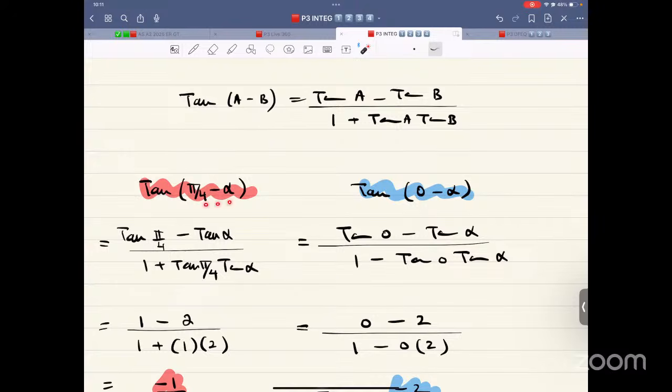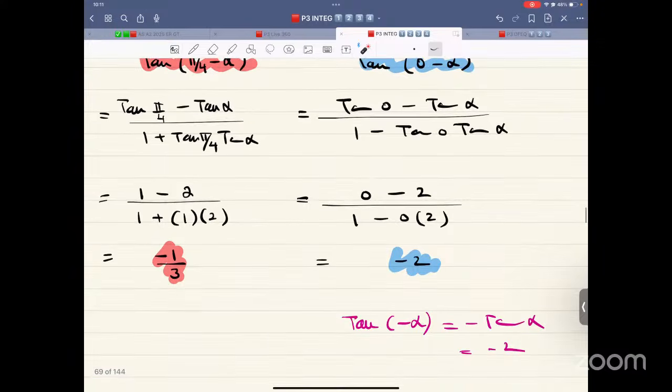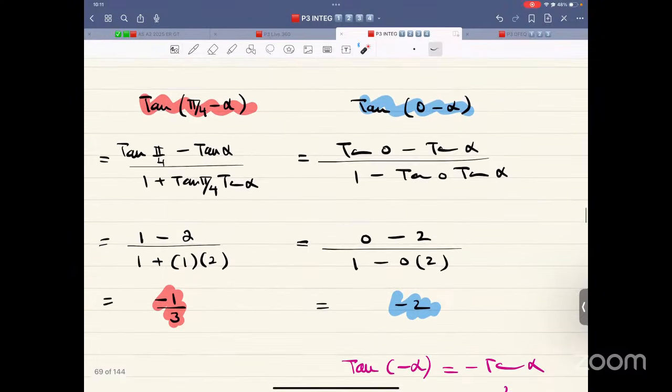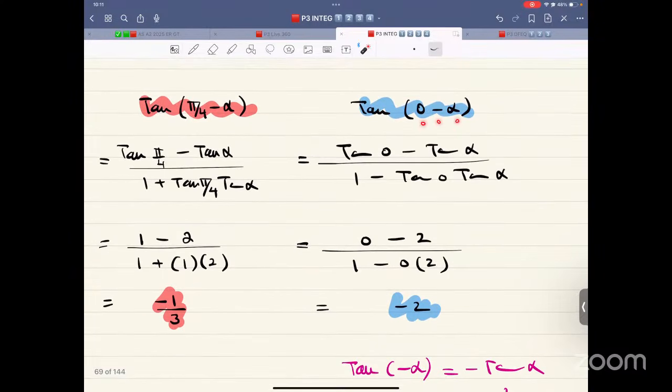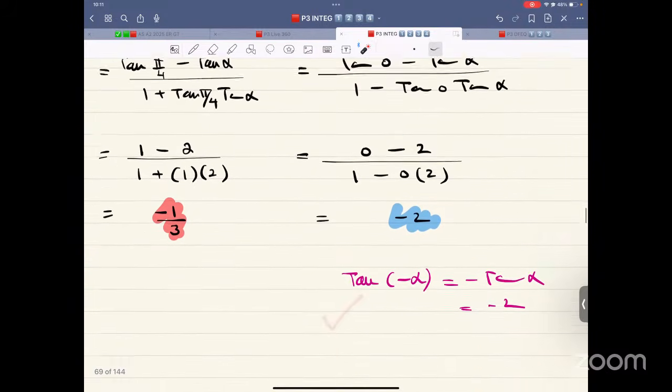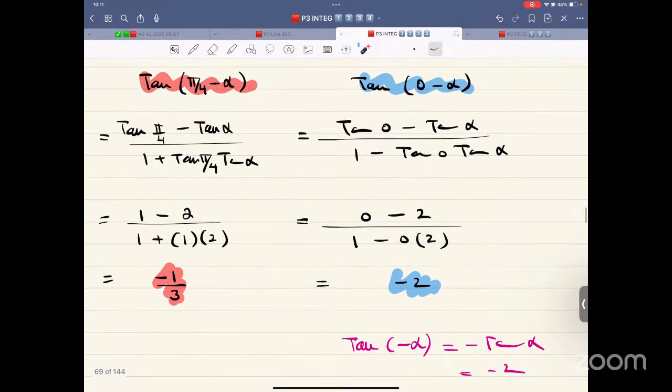So tangent pi by 4 minus alpha based upon this comes out to be minus 1/3. Tangent 0 minus alpha, I could have written also directly tangent of negative alpha is negative tan alpha. I have written it over here. But if I want to use the addition formula, tangent 0, tangent alpha, 1 minus tangent 0, tangent alpha like this, still you get the same answer.